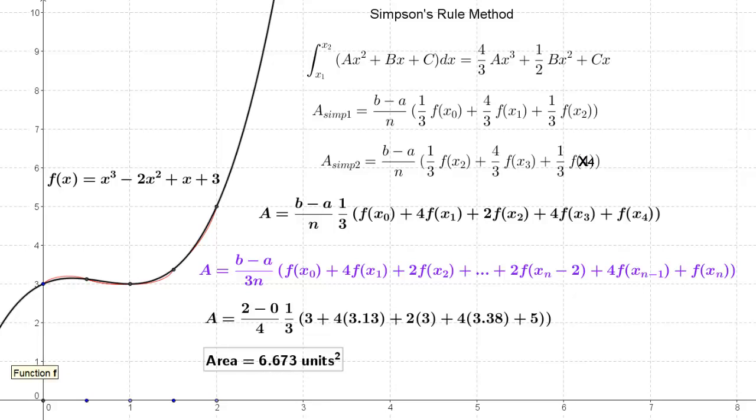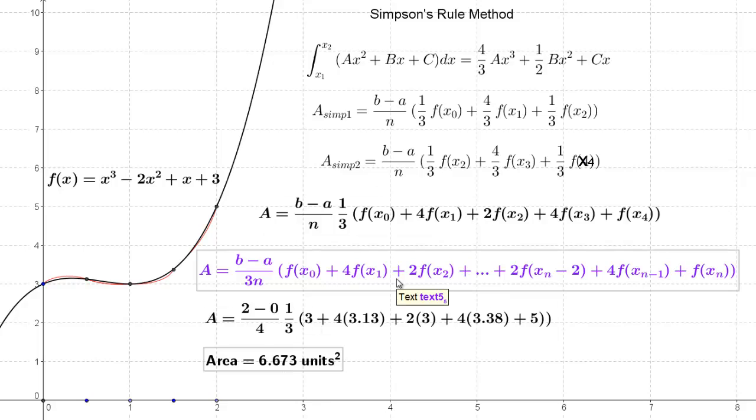And you'll recall that the exact area you can get through definite integration is 6.66 repeating. So we're really off by only 7/1000ths of a unit squared with only 4 Simpson's rule subintervals. Pretty darn good for only n equals 4.